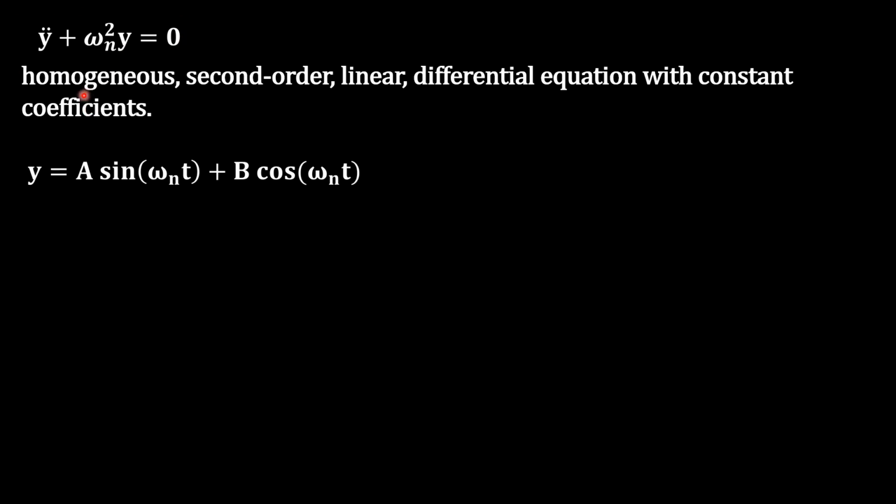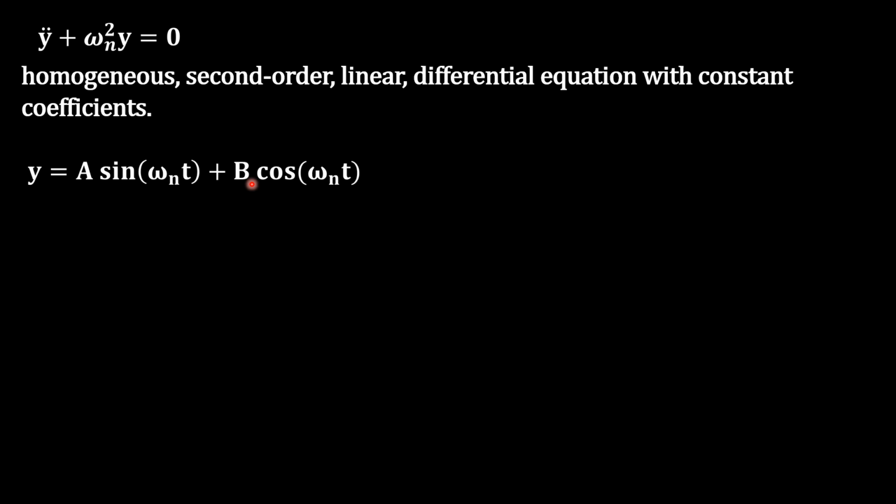Now in this video, I'm not going to go over how we solved this differential equation and got this answer. This general solution is y as a function of time, and this represents the position of the block as it is vibrating.